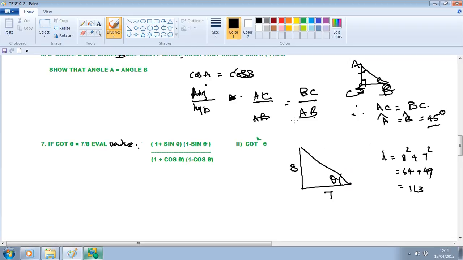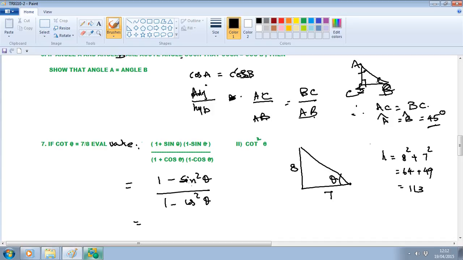So in this problem we can put the value of sine and also multiply and solve. There's one more method we will try now. We'll first multiply 1 plus sine theta by 1 minus sine theta. That's like a plus b into a minus b, which is a square minus b square, equal to 1 minus sine square theta. Similarly, 1 minus cos square theta.